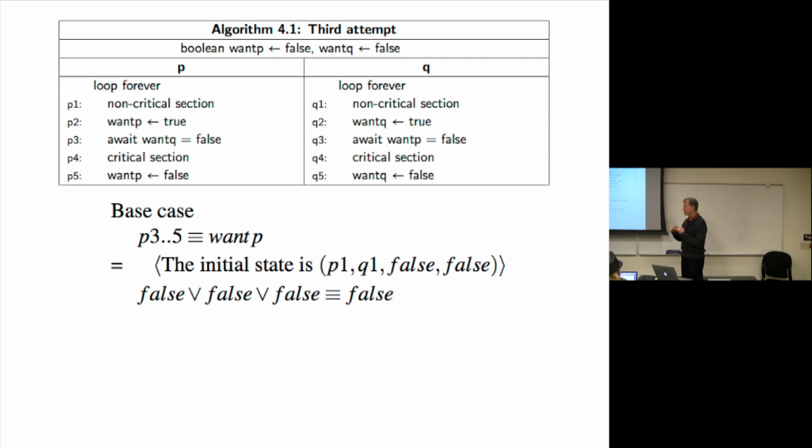Or when P is chosen to be executed, P4 is the statement that will be executed next. Or if P is chosen, P5 is the statement that will be executed next. That's what that means. And because P1 is the statement that would be executed next when P is chosen, that means we have false or false or false. Are you with me on that?